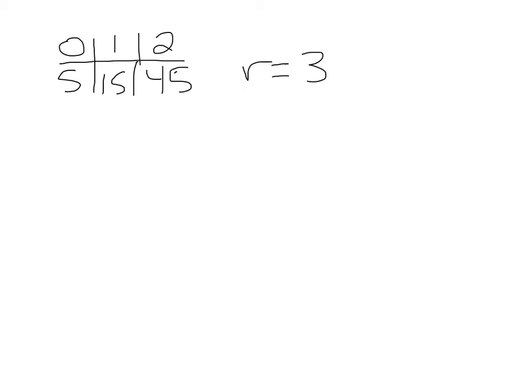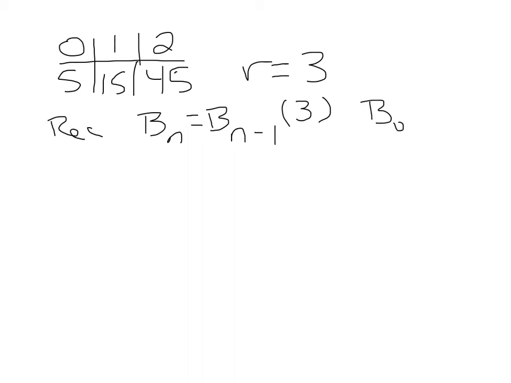All right, so same worksheet number 2. This is a geometric table because we are multiplying by the number 3. So the recursive formula for geometric would be B sub n is equal to B sub n minus 1 times r. So for this specific table, we would erase the r and put in the number 3, with B sub 0 being equal to 5.